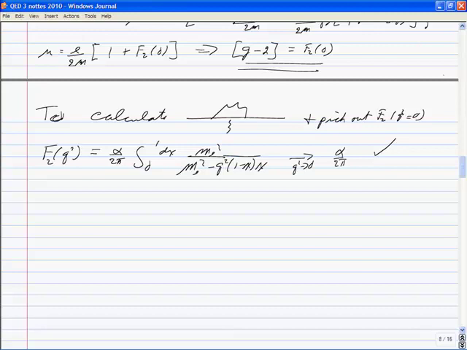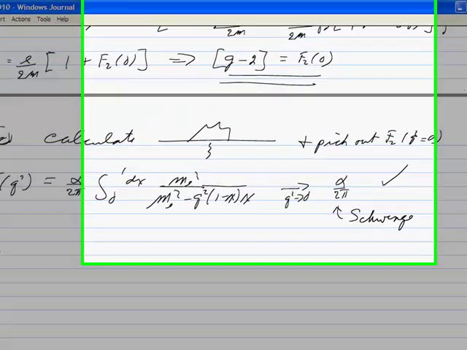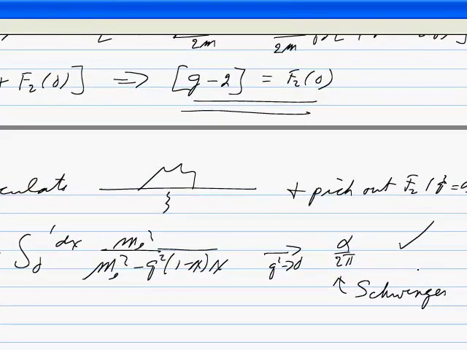It's not for me, but it's quite the career accomplishment. If you look at the description there, they're up to 4 loops. So this first piece was calculated by Schwinger. That was a triumph of its time.